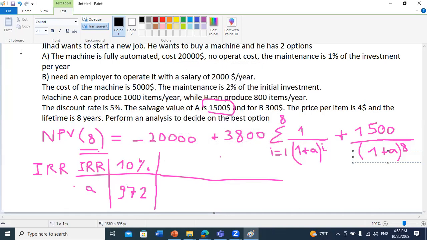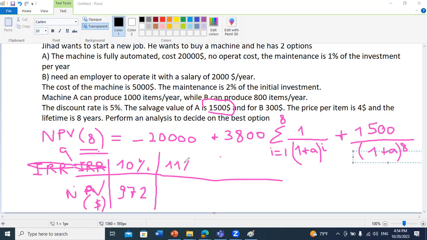So here it's A, here it's A, and here we are calculating the NPV. So this is the net present value in dollars. Now we can try a larger value for A. So let us try, for example, 11%.